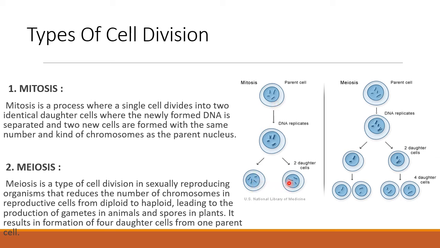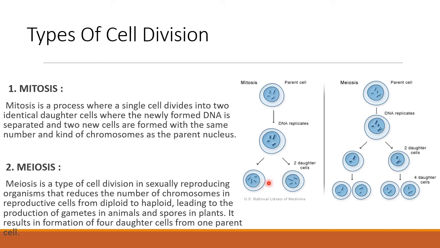Now in a human cell, there are 23 pairs of chromosomes. In the case of mitosis, we can see that it is a process where a single cell divides into two identical daughter cells. And what is the main purpose of mitosis?